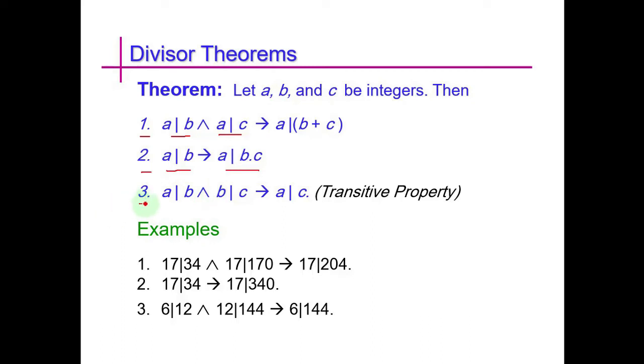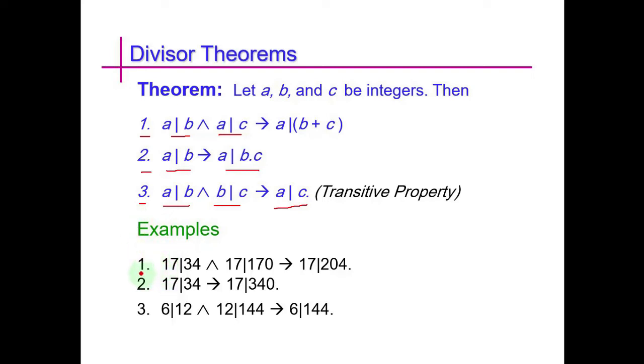And the third part is if A divides B and B divides C, then A divides C. In this theorem these statements are always true, and we can verify them through examples.